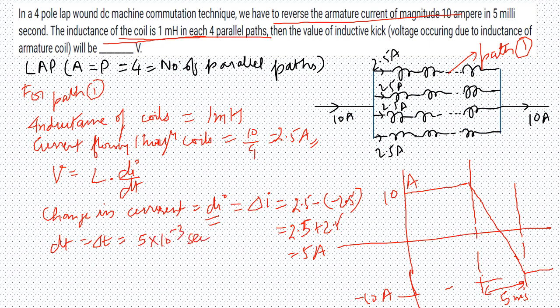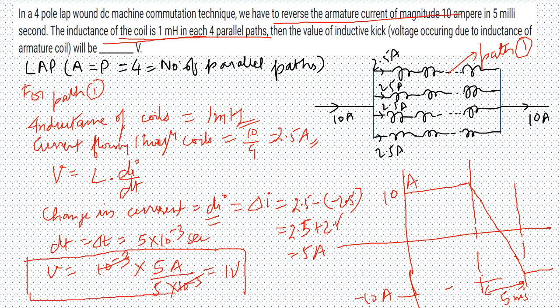Now we have both di and dt, and we have the value of L. So V is equal to L, which is given to us as 1 millihenry, so it is 10 power minus 3, into di, which is 5 amps, over dt, which is 5 into 10 power minus 3. Now if you do this calculation, it comes out to be 1 volt. So the voltage induced will be 1 volt.